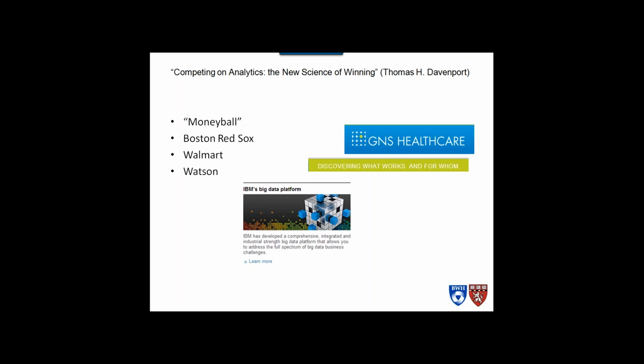The first places that they went after were in cancer care. First, developing a partnership with Sloan Kettering around management of solid tumors, and then more recently working with MD Anderson in Houston around trying to understand how blood-related tumors should be treated.